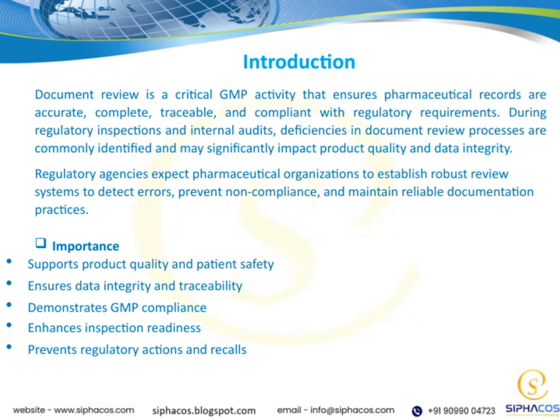These issues can have a significant impact on product quality and data integrity, which are crucial for patient safety and regulatory compliance. Regulatory agencies expect pharmaceutical companies to have robust review systems in place. These systems are designed to catch errors early, prevent noncompliance, and ensure that documentation practices are reliable and consistent.